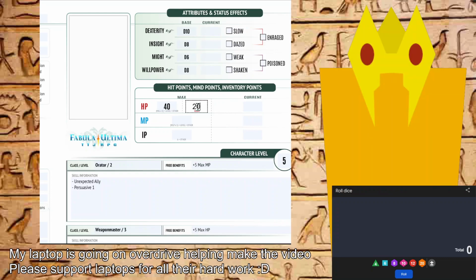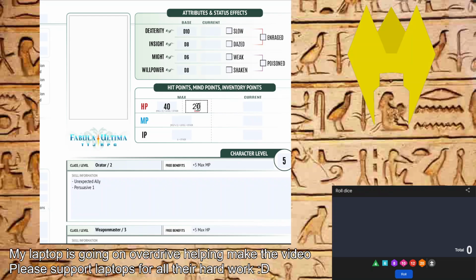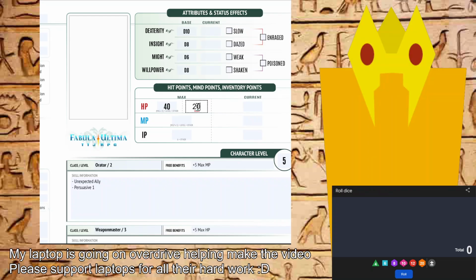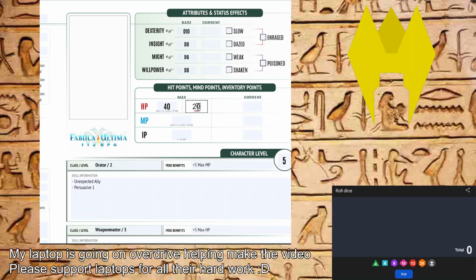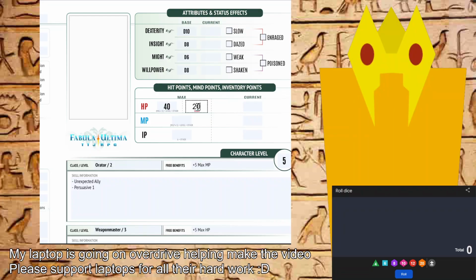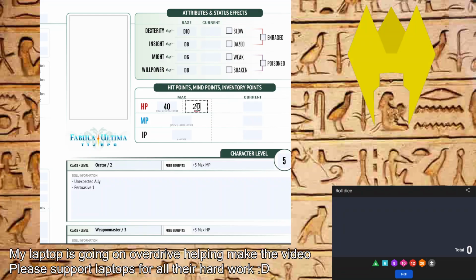Crisis only matters when your hit points are equal to or less than half, and whatever effects happen due to us being in crisis, which right now isn't a thing.